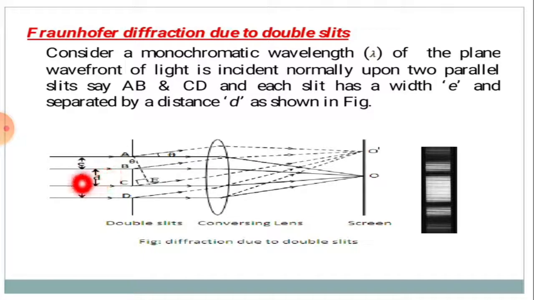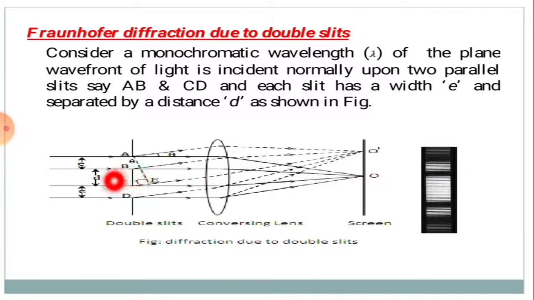Next, a parallel beam of monochromatic light of wavelength lambda is incident normally on these two slits AB and CD. The light diffracted from these slits is focused on the screen and produces a diffraction pattern like this.